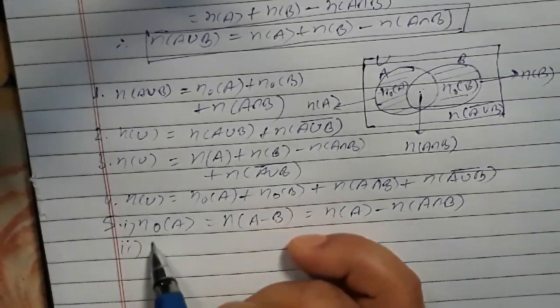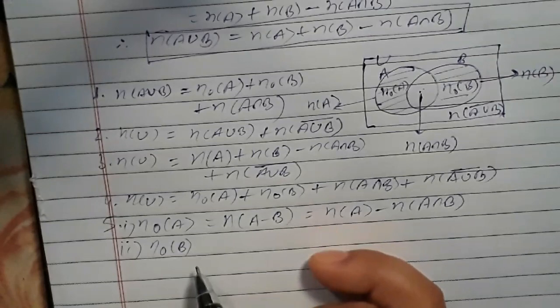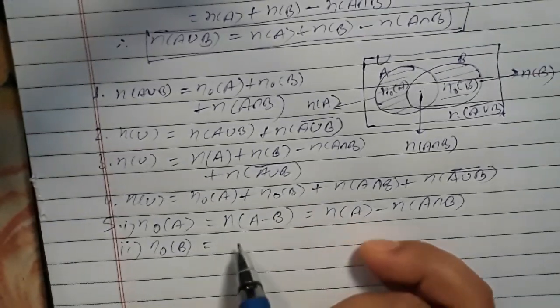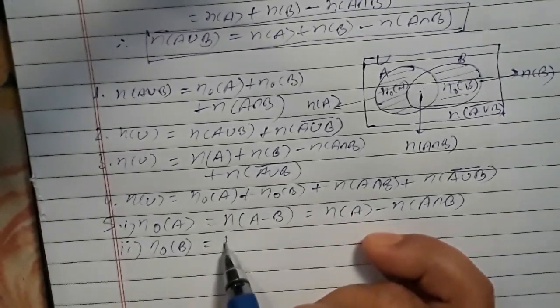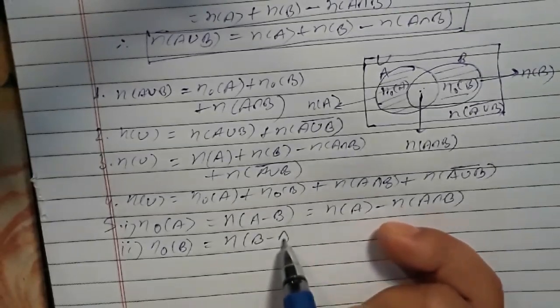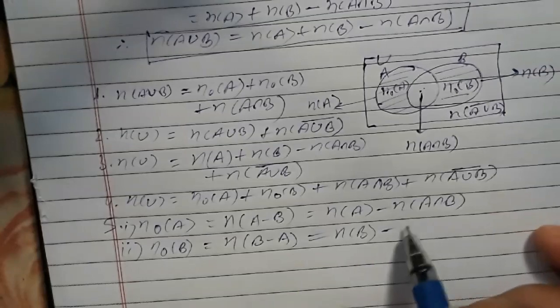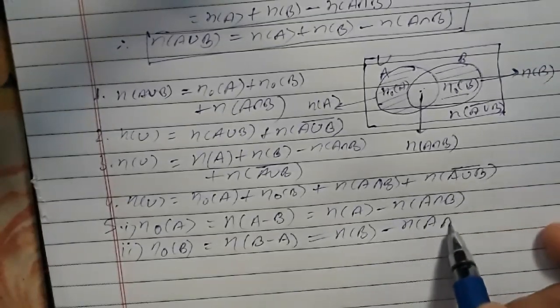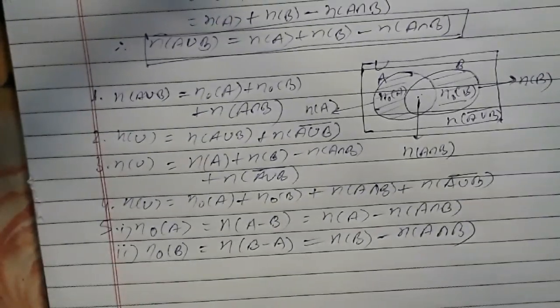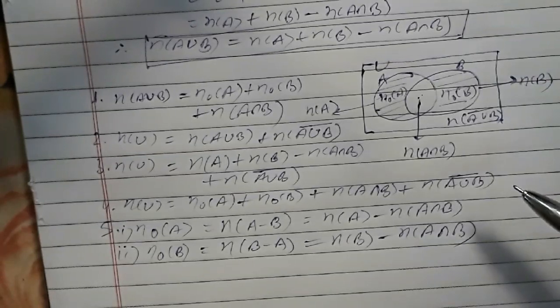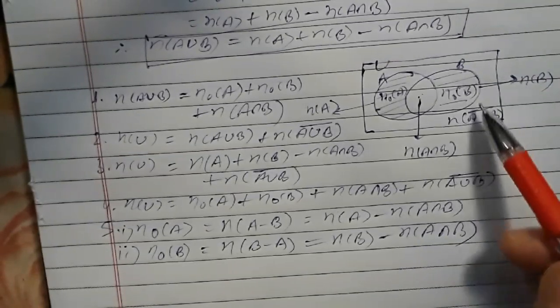And similarly for B, n of only B is also equal to B minus A according to this diagram, which is also equal to n of B minus n of A intersection B. Okay everybody, now I think you understood all these formulas and how we derived them from this diagram.